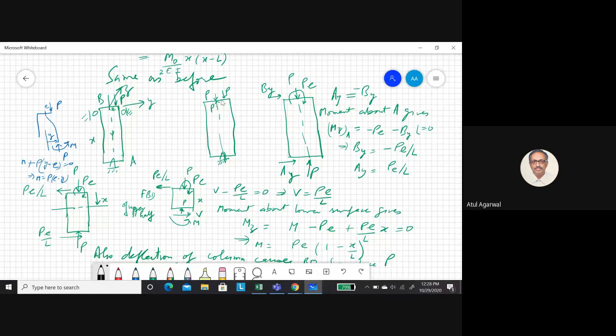If it deflects, this axial force is also causing a bending moment at the cross section. So there was already a bending moment in the beginning, and there is an axial load. So the axial load is also causing a bending moment, in addition to the bending moment contribution from P.